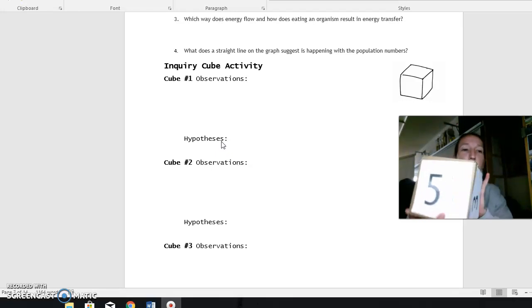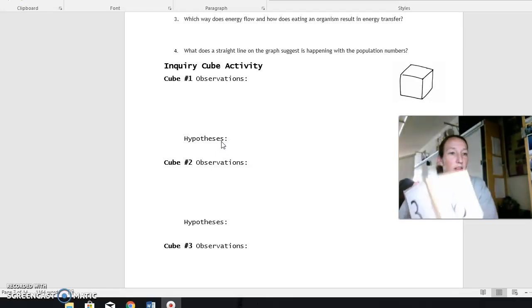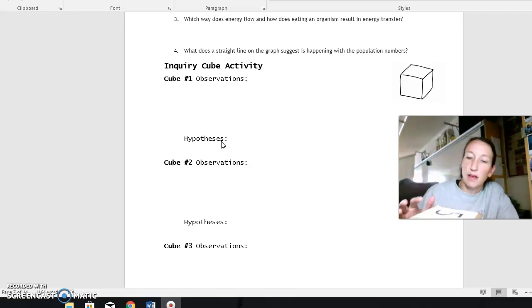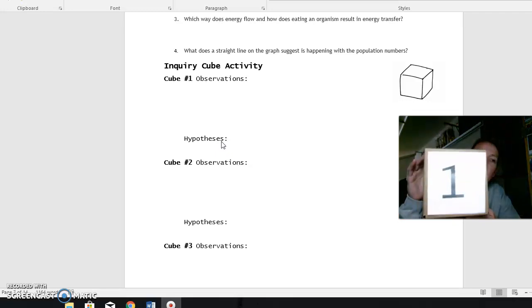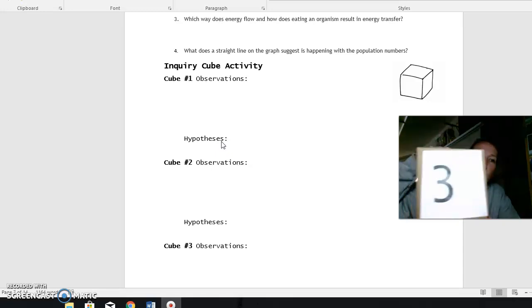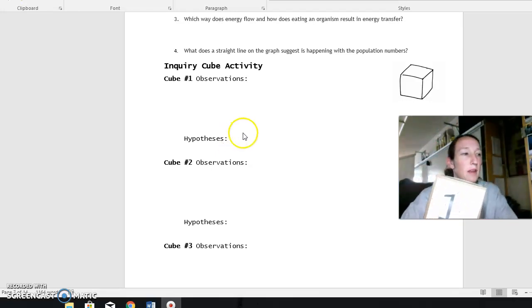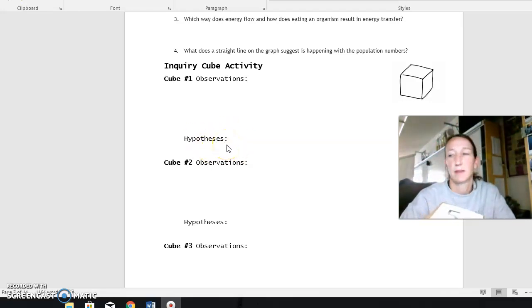All right, so the bottom side right here, you don't know what's under there. So based on your observations of what's on this cube, what do you predict would be on the bottom side? So write down your observations here, and then put your hypothesis.